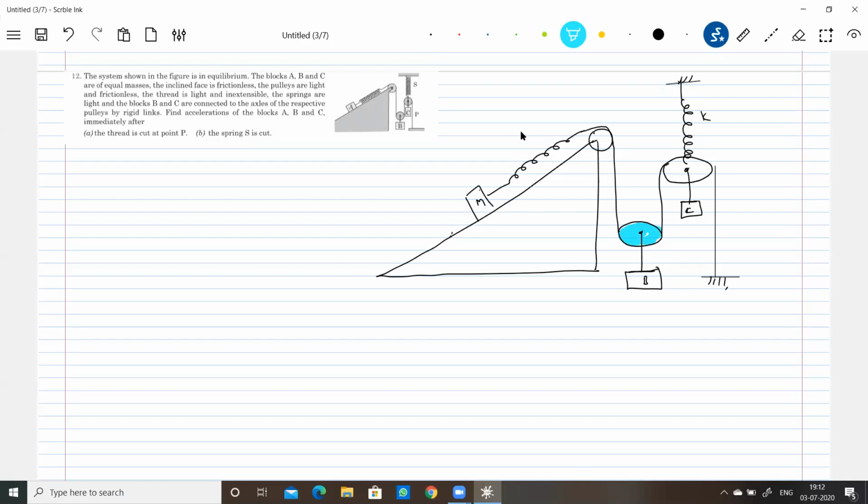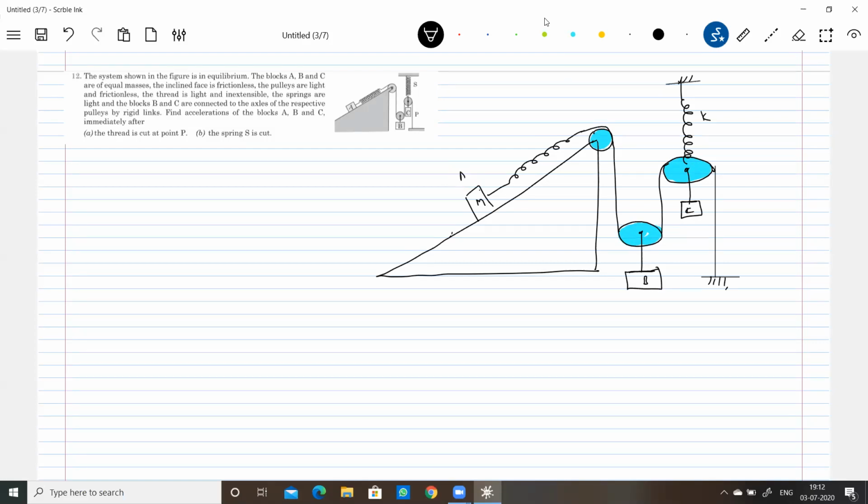So before entering into the problem, what is the initial state? It's in equilibrium. So let's search for all the forces that are acting. What are all the various forces that are acting? So this is block A. He has not given the angle of inclination.